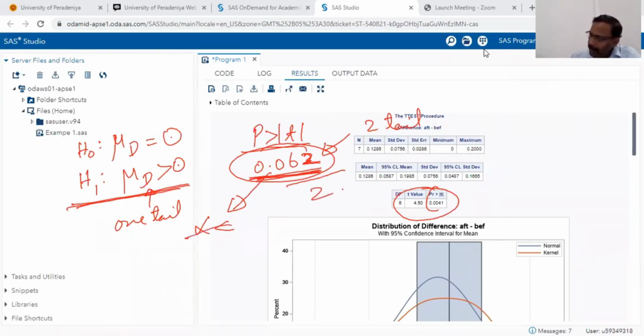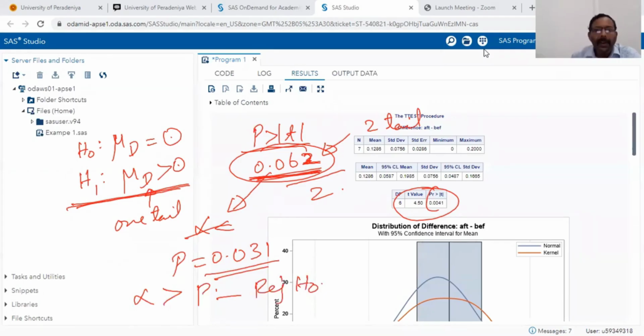Now my probability value is 0.031. Now you can say alpha is greater than the p value, so we reject our null hypothesis. So we have to be very careful when playing around with these probability values. It depends on whether it is one tail or two tail.